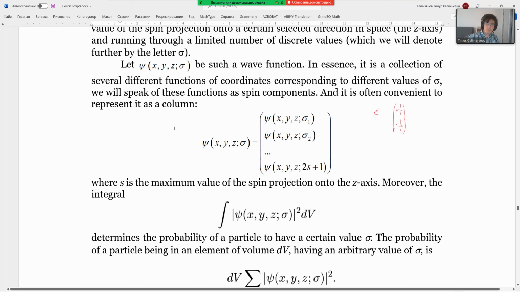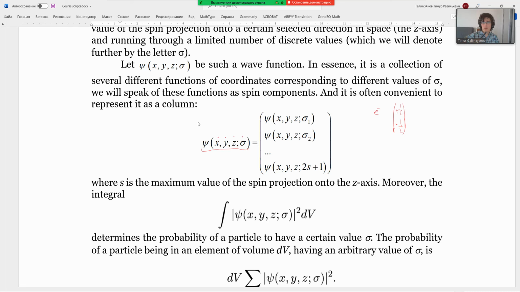And in spin physics, the wave function of the particle should depend not only on the three coordinates, but on the spin. However, we know that the spin corresponds to the inner angular momentum of the particle, and we know that the projection of the angular momentum on the z-axis or any other axis is discrete.